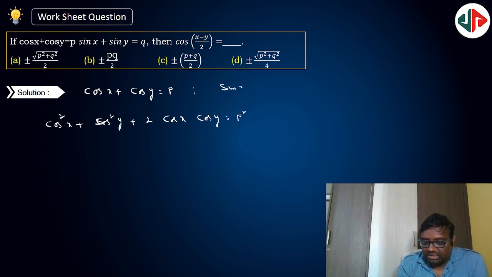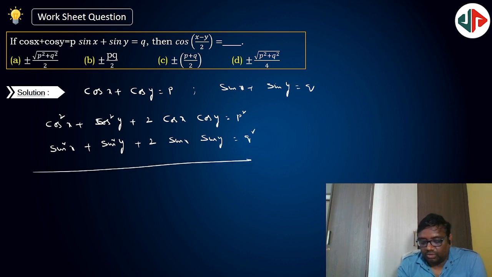Similarly, sin x plus sin y is equal to q. Then squaring on both sides: sin square x plus sin square y plus 2 times sin x into sin y is equal to q square. If we add both equations, this is 1, this is 1, and 2 times cos of (x minus y) is equal to p square plus q square.